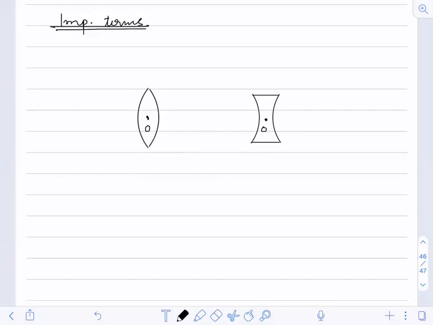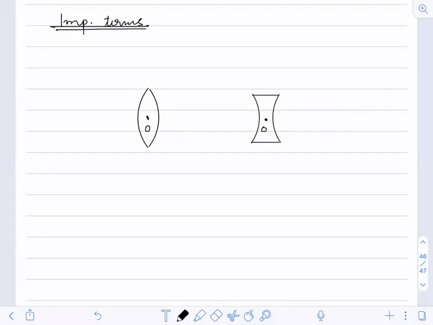So how will you define it? The optical center is like a center of gravity, not exactly, you cannot equate it with that, but you can try to relate a link. It will be in the middle of the lens.